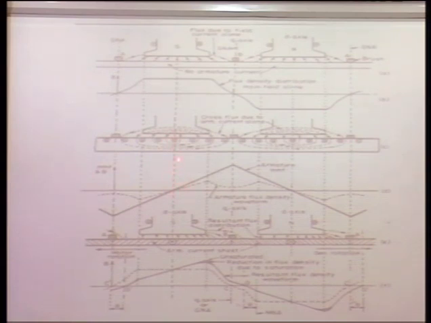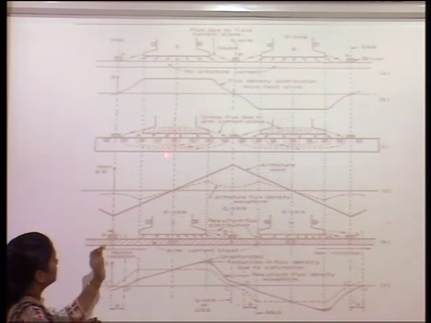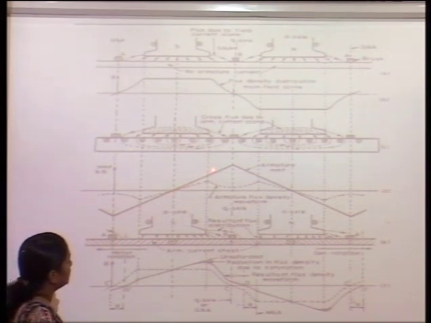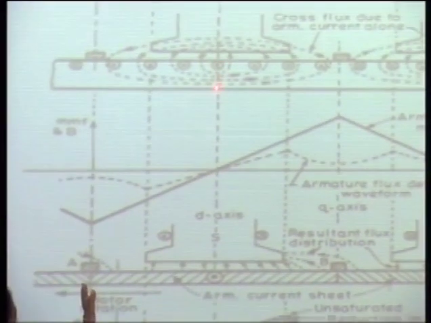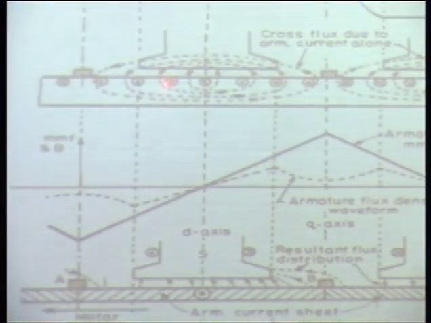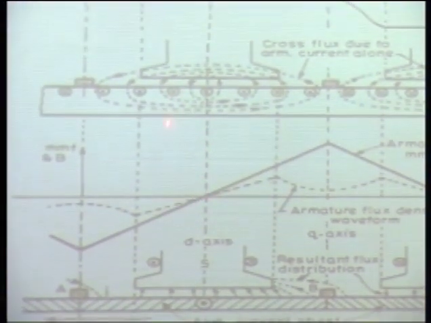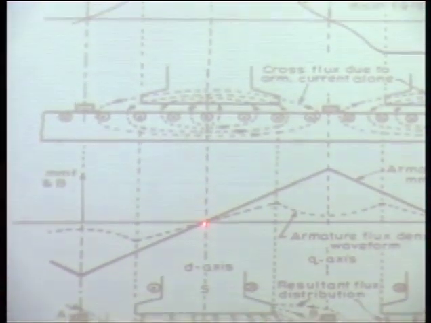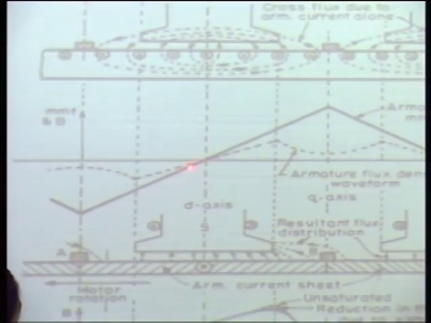Then the direction of lines is upward. So MMF is increasing in the positive direction, but on the left side of this conductor, the direction of magnetic lines of force is downwards. So armature MMF is increasing in the opposite direction.